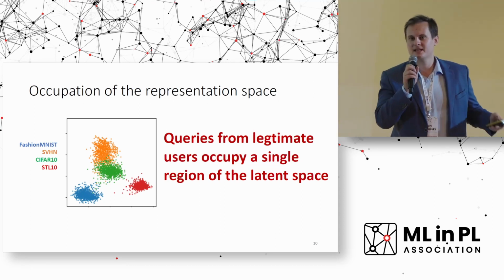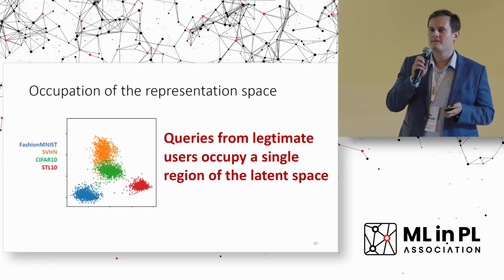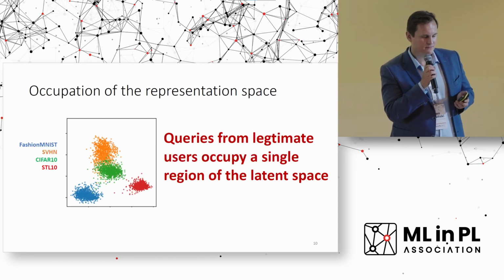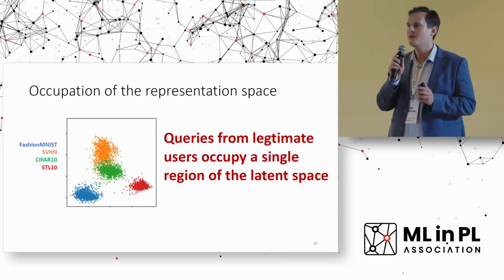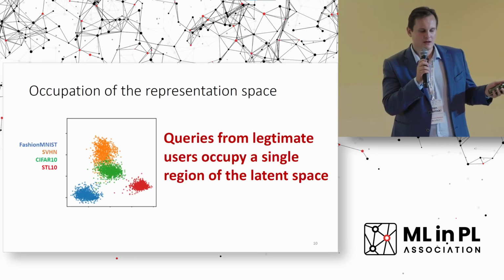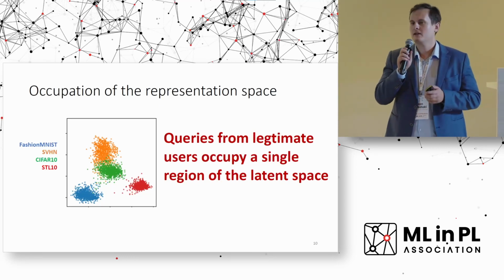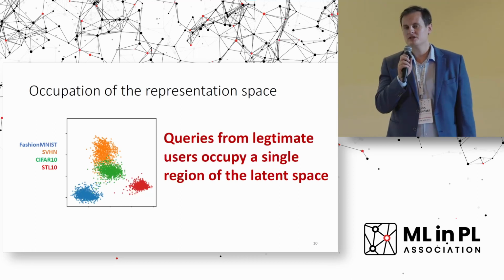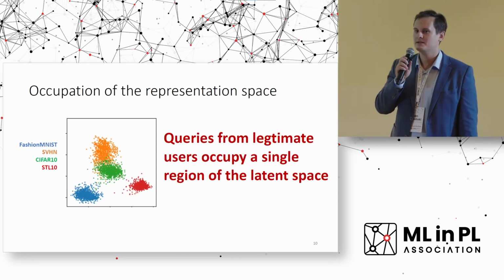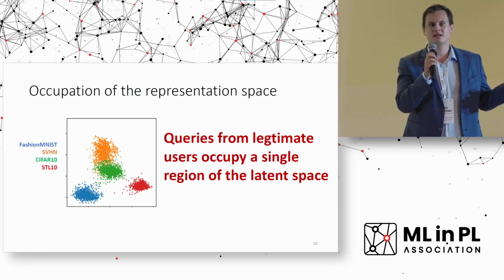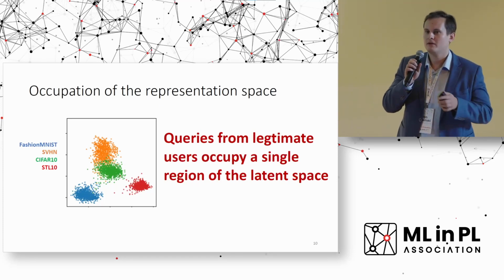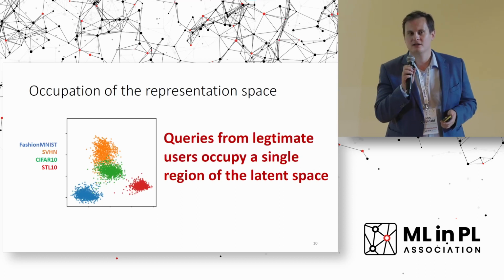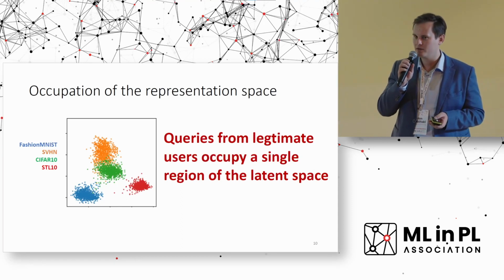So first, let's start from a couple of very important observations. We notice that queries from legitimate users occupy a single region of the latent space. That means that the representations that the users want to use can be mapped to a particular location in the latent space of the encoder.